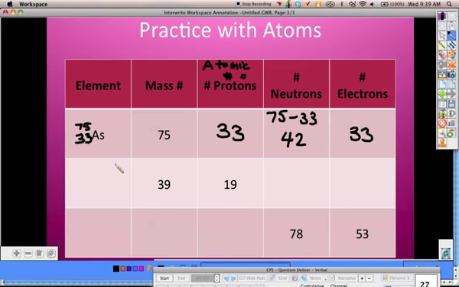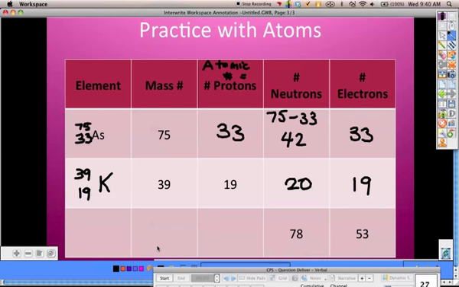Potassium. Yes, for this one it is potassium. Potassium, and we can fill in the rest of our nuclear symbol because we already know that the mass is 39 and the atomic number is 19. So how many neutrons do I have? 20. And how many electrons? 19. Excellent.